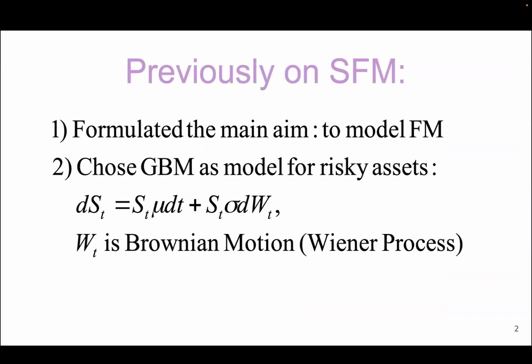But previously, in stochastic financial mathematics, you remember that we set the main goal, and its goal is to model the financial market, the dynamic of the financial market. We assumed that the financial market consists of at least three components: a riskless asset, a risky asset, and a derivative.